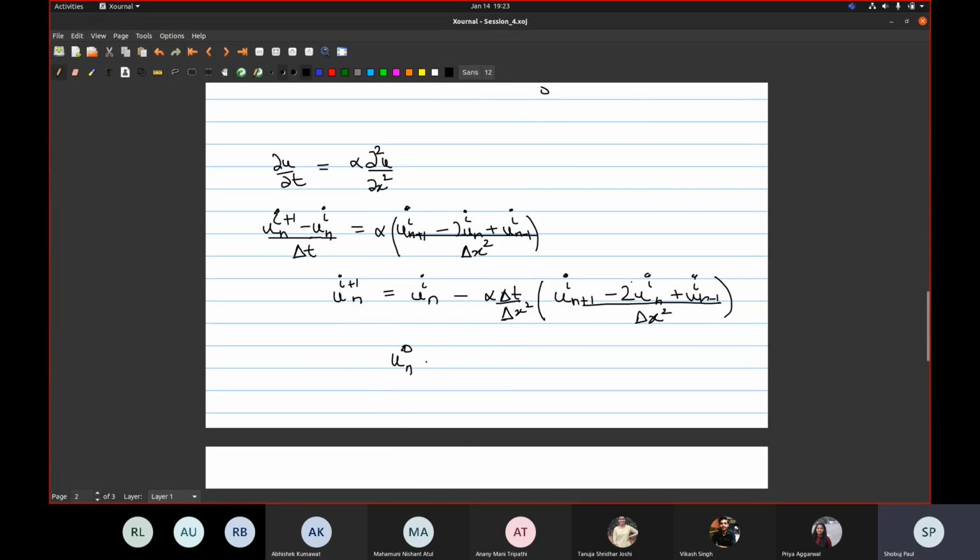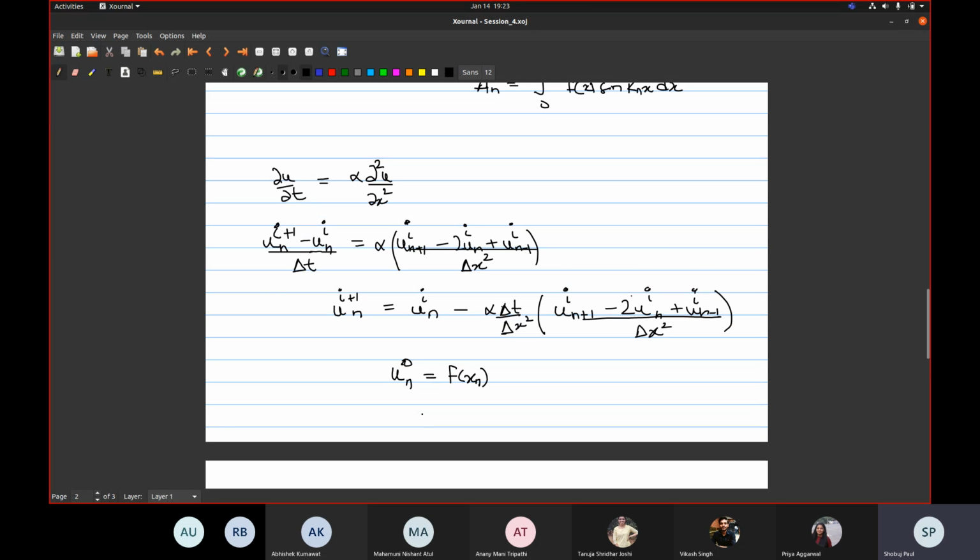Of u of 0 n, I have my temperature distribution to be f of xn, which means at x position 1, x position 2, x position 3, which is what these indices correspond to. This is my initial condition.